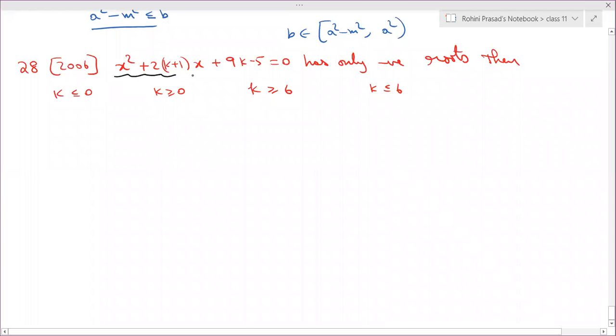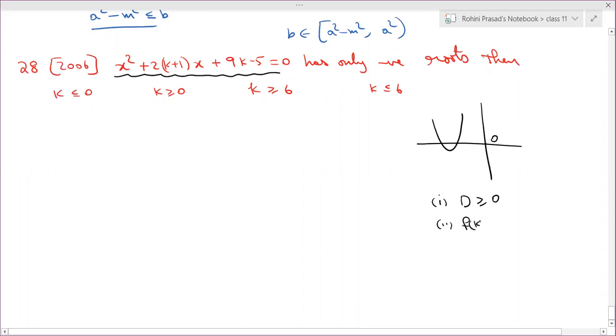Again, this is location of roots with respect to a constant. Both roots are negative. That means both roots are like this. We can use that formula. What is that? D should be greater than or equal to 0, and f of k by a should be greater than 0, and both roots are less than k, so minus b by 2a should be less than k.